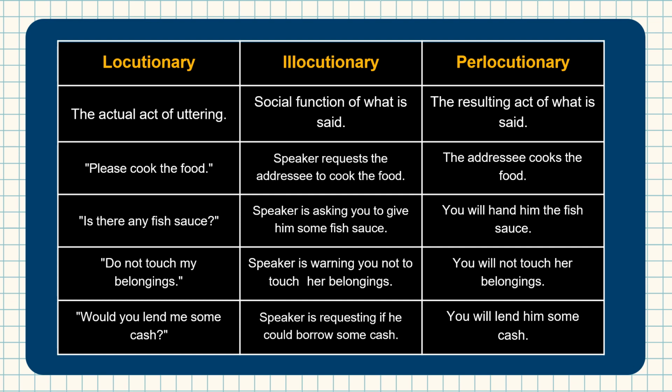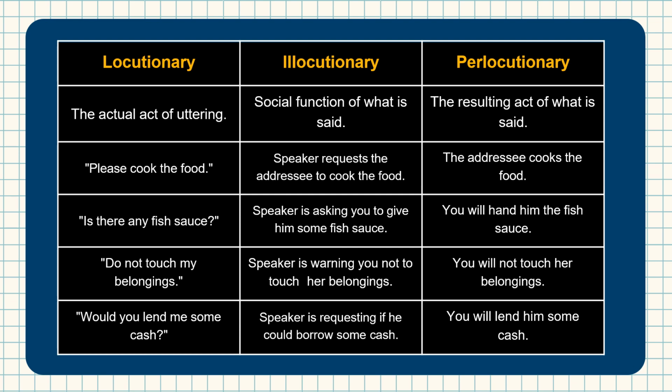Okay. Next, "Is there any fish sauce?" The speaker is asking you to give him some fish sauce. Since the speaker is asking, you will hand him the fish sauce. So that's the impact. "Do not touch my belongings." The speaker is warning you not to touch her belongings.